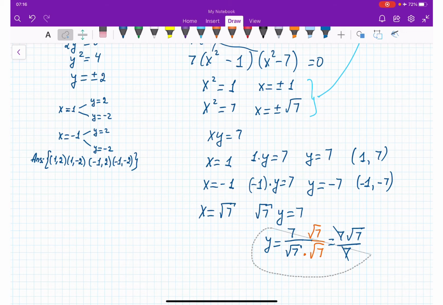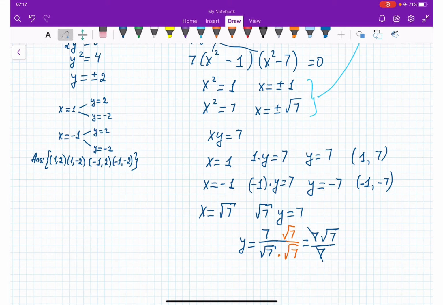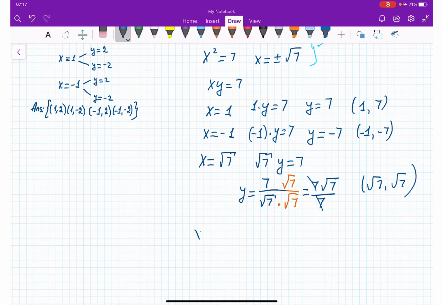And the values of x and y are going to be square root of 7, square root of 7. Next, x is equal to negative square root of 7. So it's going to be negative square root of 7 times y equals 7.